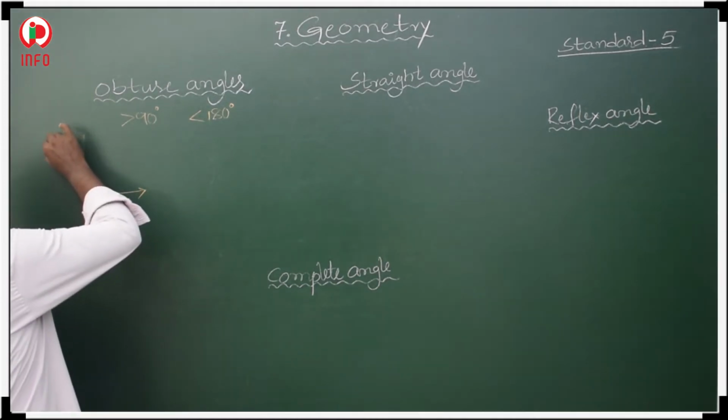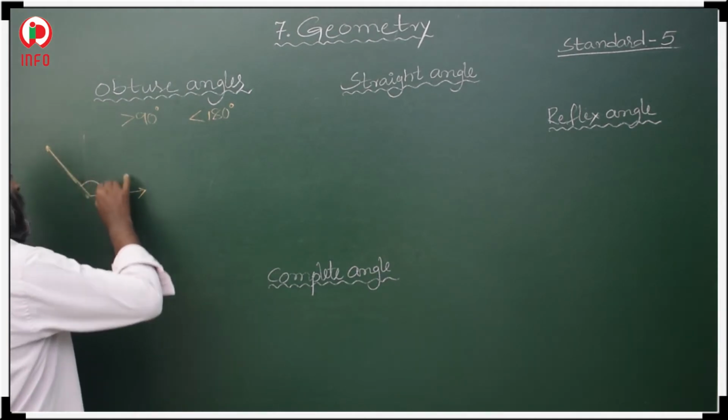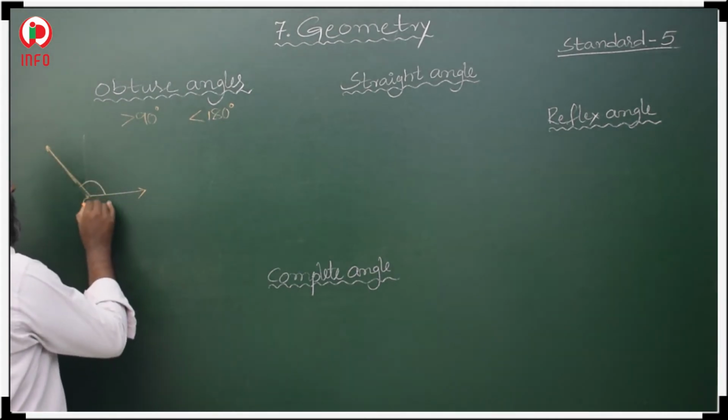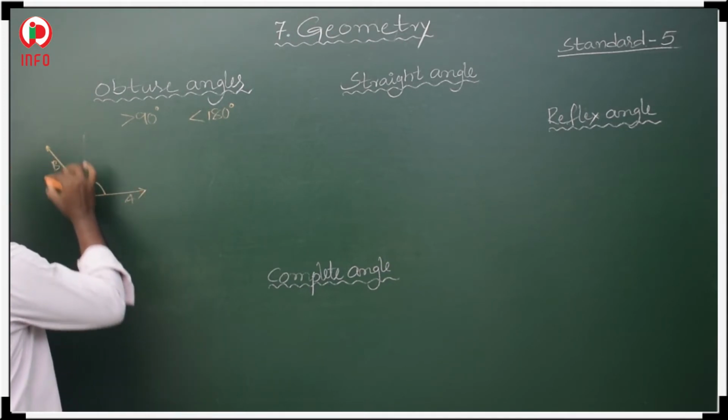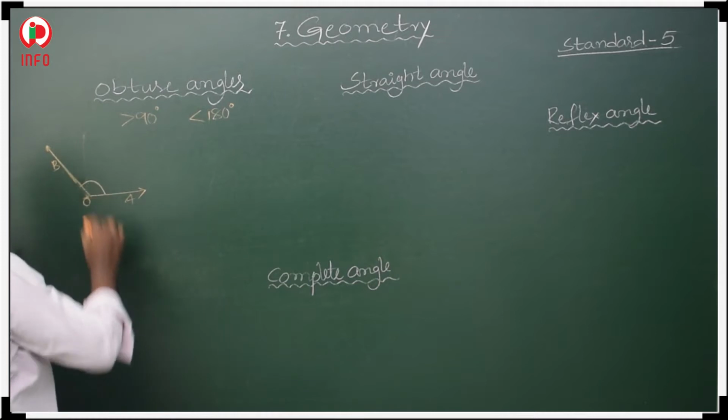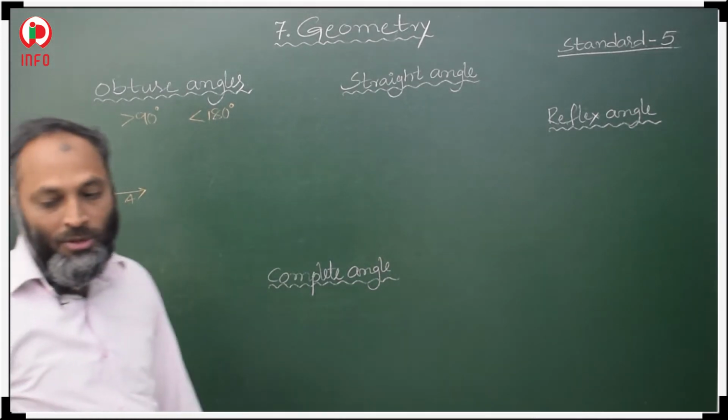If the angle is more than 90 and less than 180, then this angle is called an obtuse angle. Suppose OA is one ray and OB is another ray, then angle OAB is an obtuse angle.